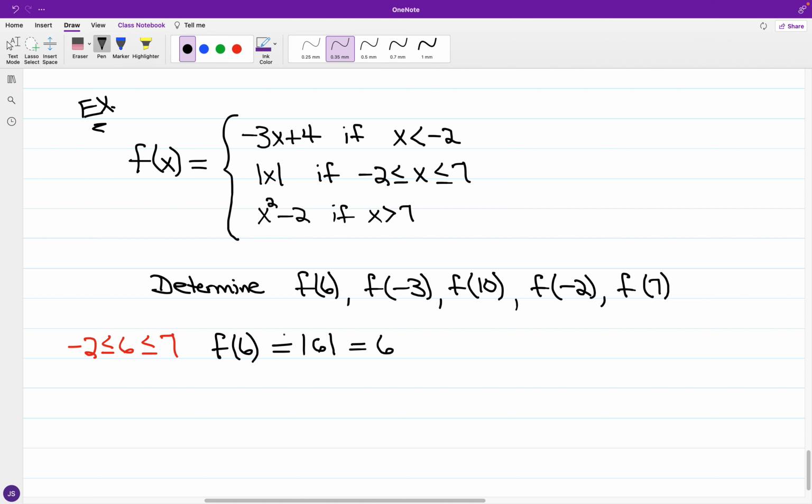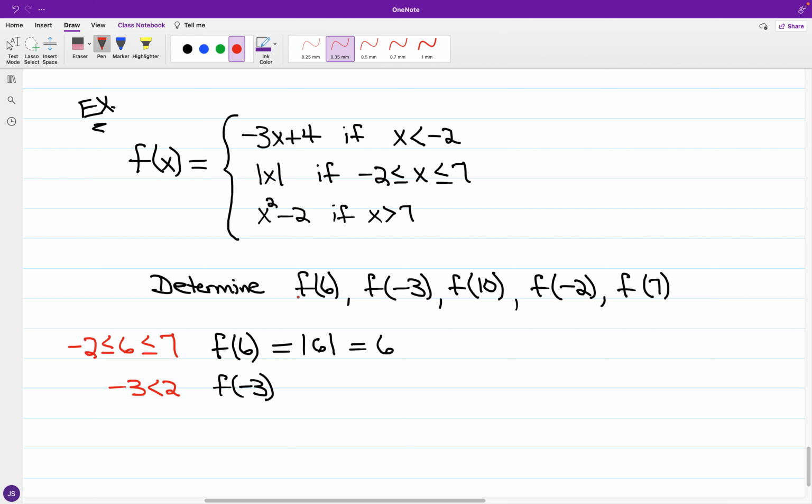Now, for what we have in the case of f of negative 3, again, negative 3 is not greater than 7. This time it is not between negative 2 and 7, but it is among the input values less than negative 2. So you have the first inequality description to refer to negative 3.